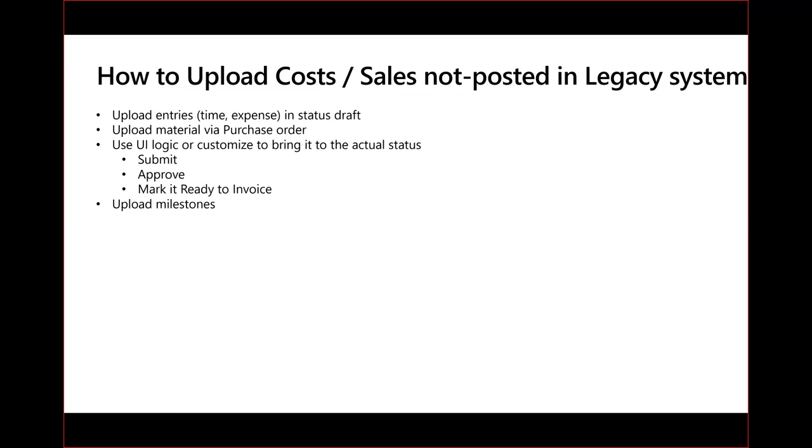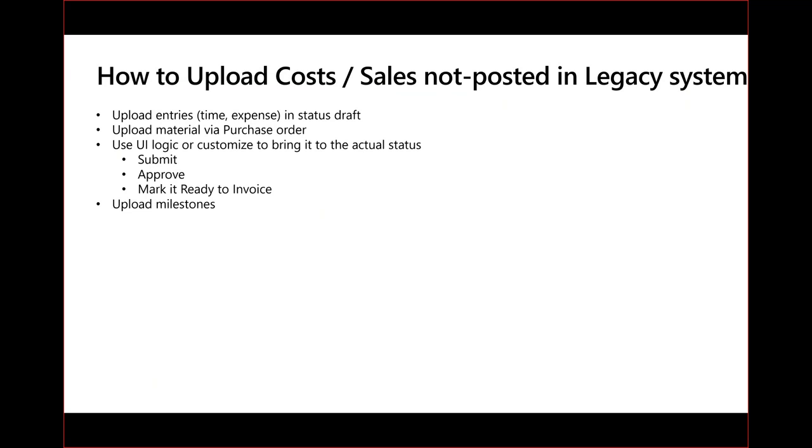If we had the material that typically would be coming in via a purchase order, we would be uploading that material on that purchase order in Finance and Operations. And then either you use the UI logic for bringing it into the right state, but typically that is something that you want to automate so that you don't have manual activities to do.